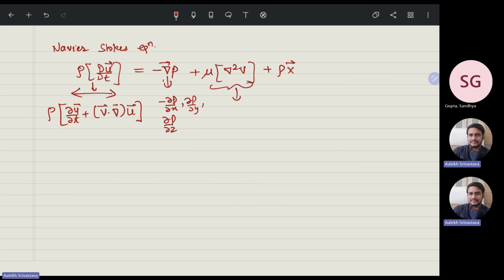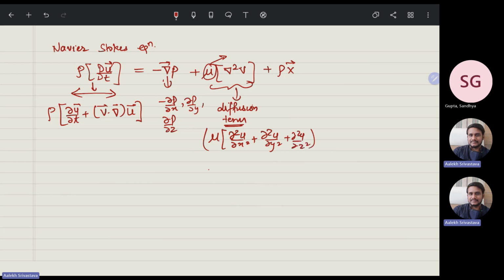This term is what is called a diffusion term. And it says that your viscosity is diffusing or changing the velocity. That is equal to mu times del 2 u by del x square plus del 2 u by del y square plus del 2 u by del z square.